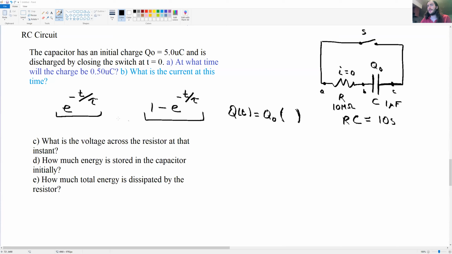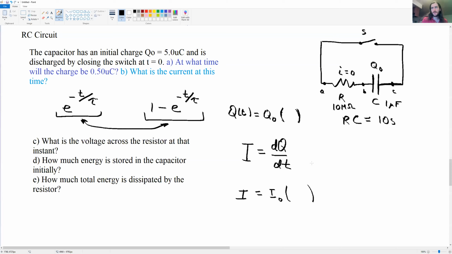Well, always look at these two functions here. That's the point. Always look at these two functions here. What do you think the current is doing? Do you think the current is increasing, or do you think the current is decreasing? In general, the current is always the derivative of the charge. So if you know what the charge is, you take the derivative to get the current. But we can always write the current as some initial current times one of those functions.